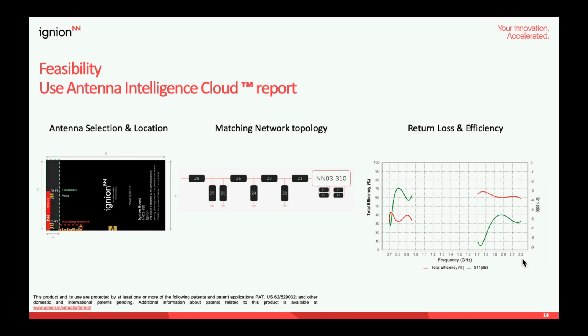For example, the variation of some relevant parameter from the antenna perspective, such as the PCB size. You will see now that changing the PCB size has the degree of freedom of improving or changing the efficiency of your device. So we are going to see later how the PCB size plays a significant role in the antenna performance, and you could test it through the Antenna Intelligence Cloud service.